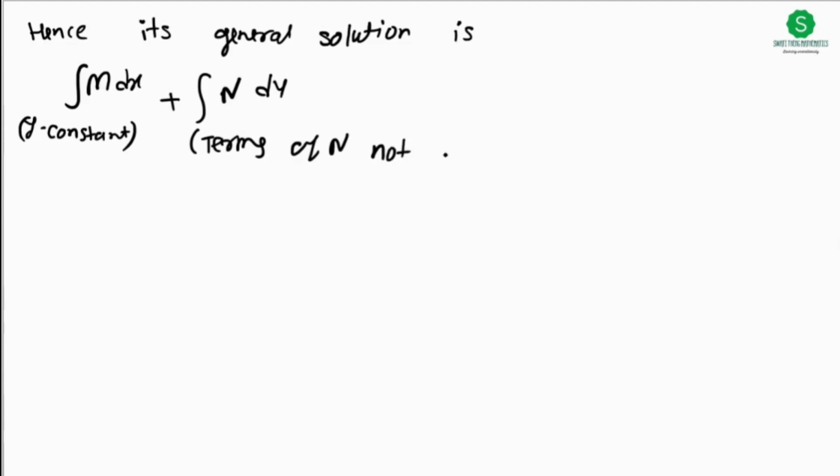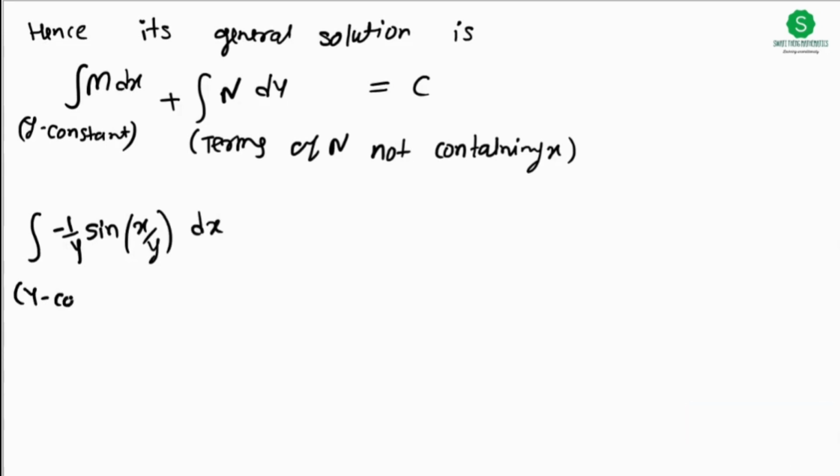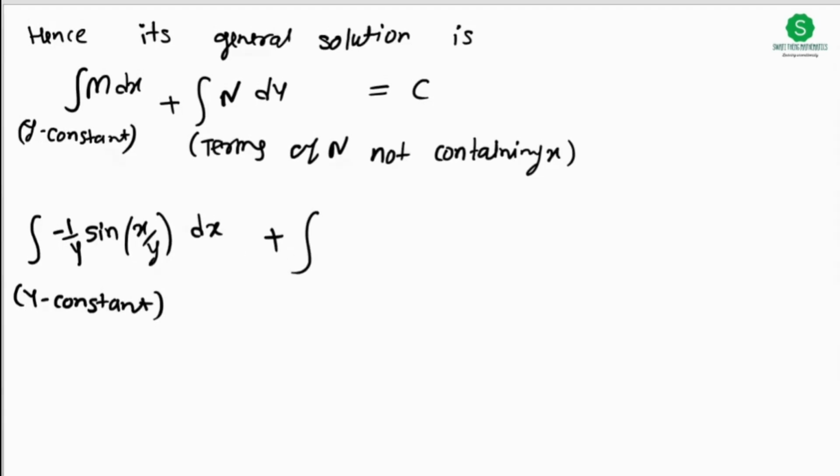So from n we have to take the terms which do not contain x, equals to c, where m is minus 1 upon y sine x by y dx. Here we have to take y constant, plus integration of n without containing x term.